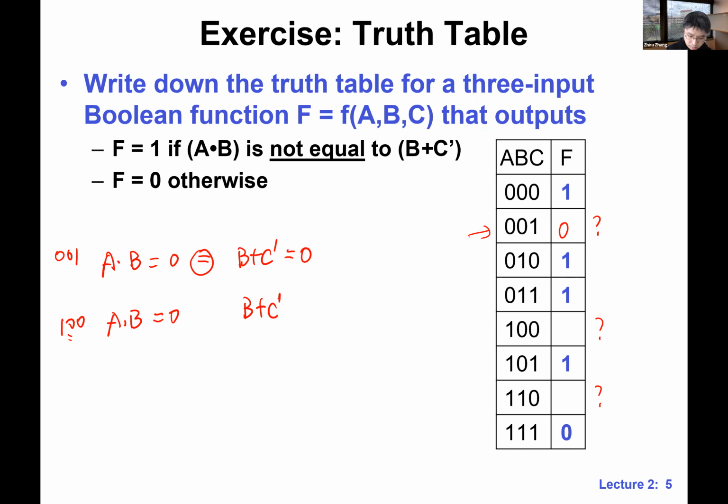And B plus C naught, what is this? C naught is going to be 1. So for an OR gate, if there's a 1, you don't care about the other input, the output is going to be 1. And they are not the same, so we have 1.